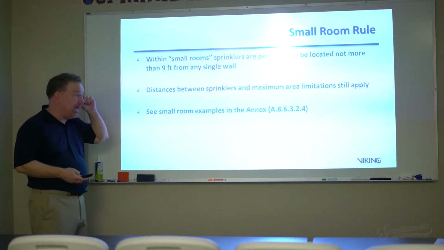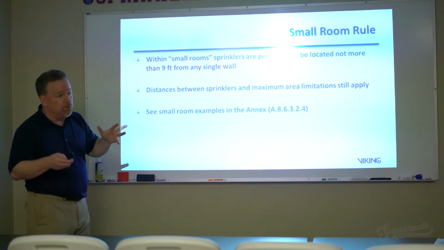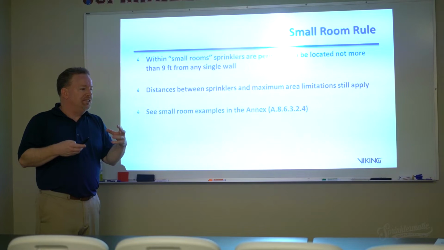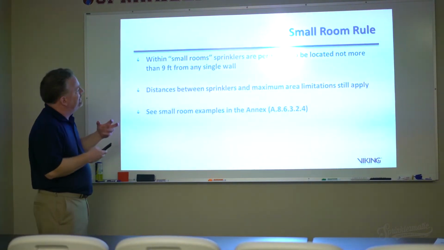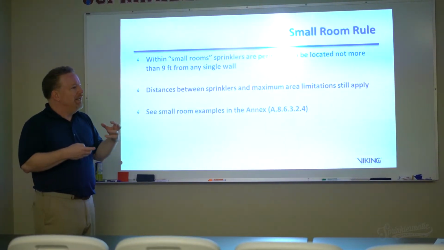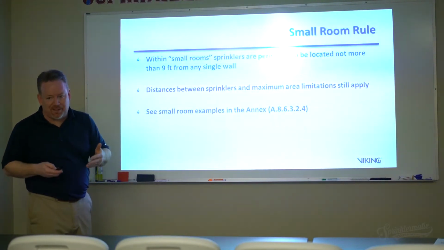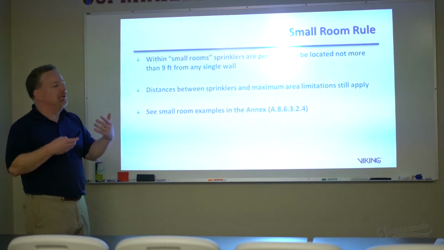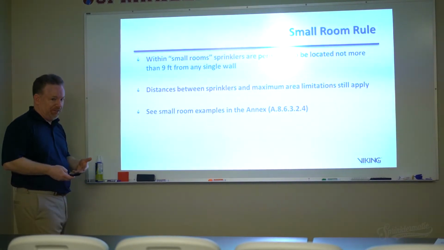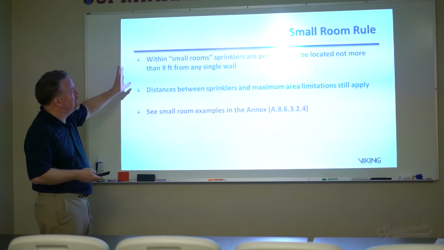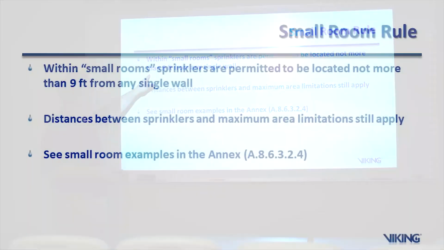Now, in some cases, we may run into a room that is particularly small. It's kind of inefficient, it's overkill to put 2 lines of sprinklers in a given area. And sprinklers are permitted to be located not more than 9 feet.